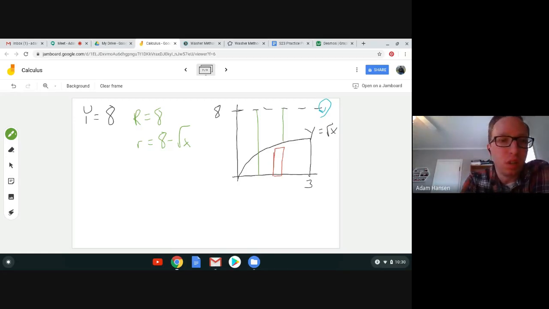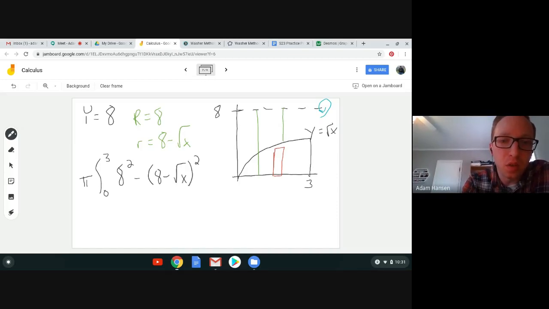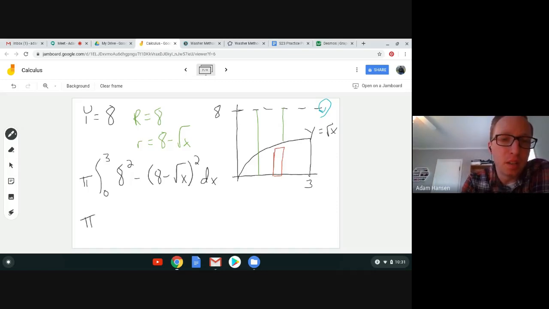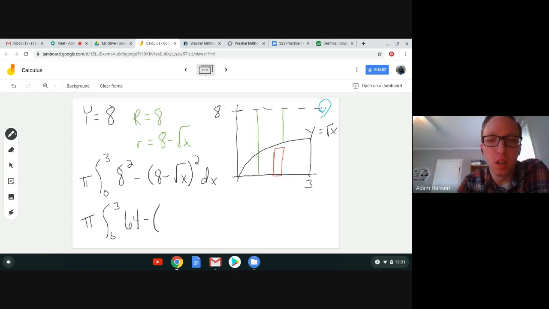Okay. Let's do it. We'll go pi times the definite integral from 0 to 3 of 8 squared minus 8 minus the square root of x squared dx. Simplifying this as pi times the definite integral from 0 to 3 of 64 minus, well, let's see here.